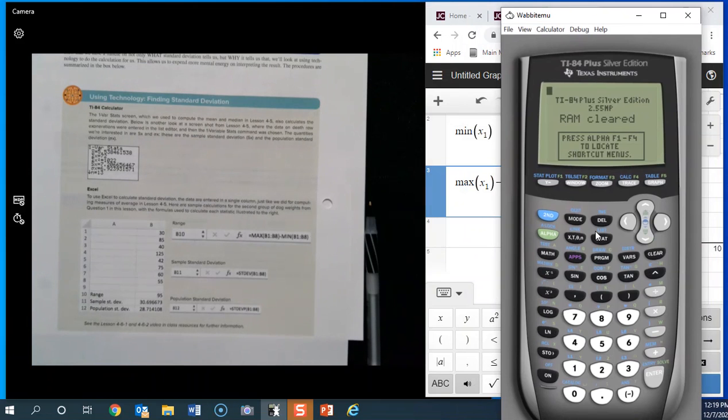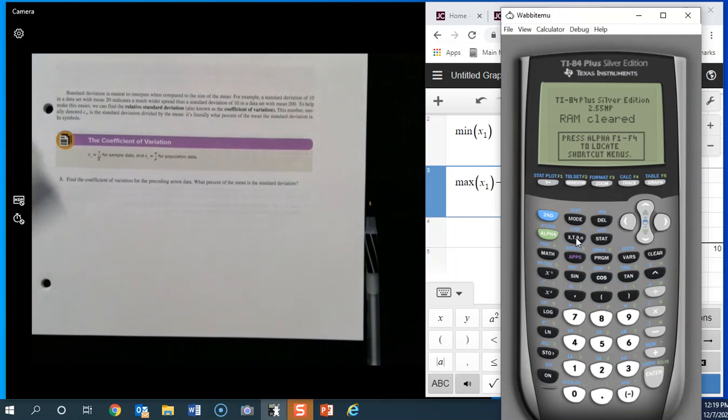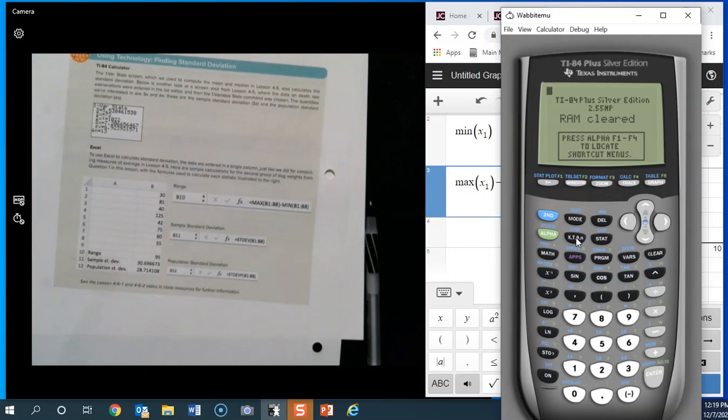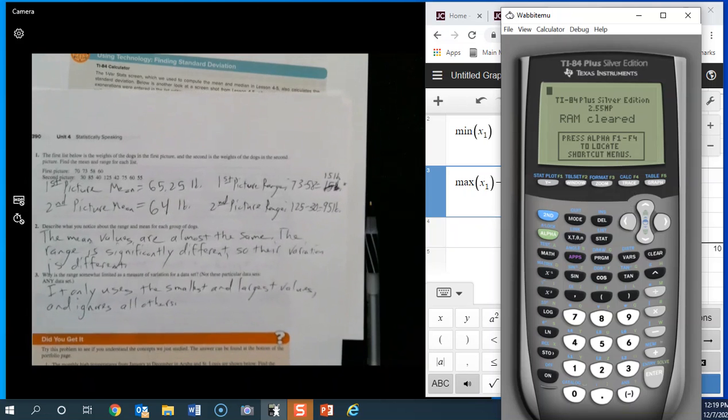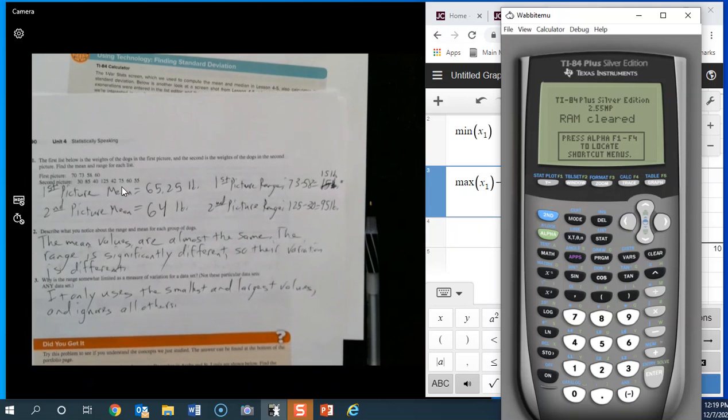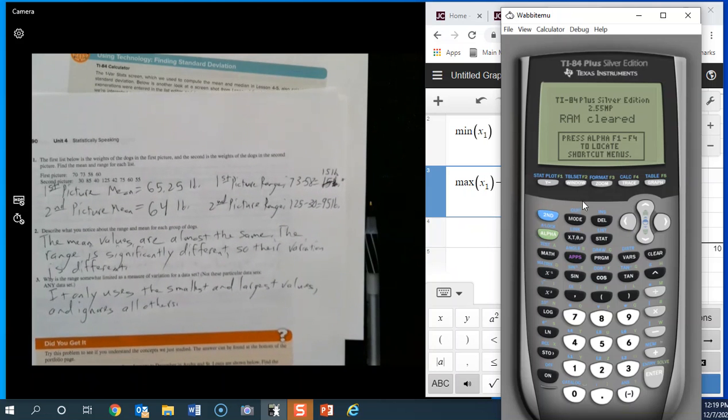So what you would do, let me go back to picture 2. Say we were trying to find all this information in regards to picture 2. So first we go to stat, press enter, and then type in L1.